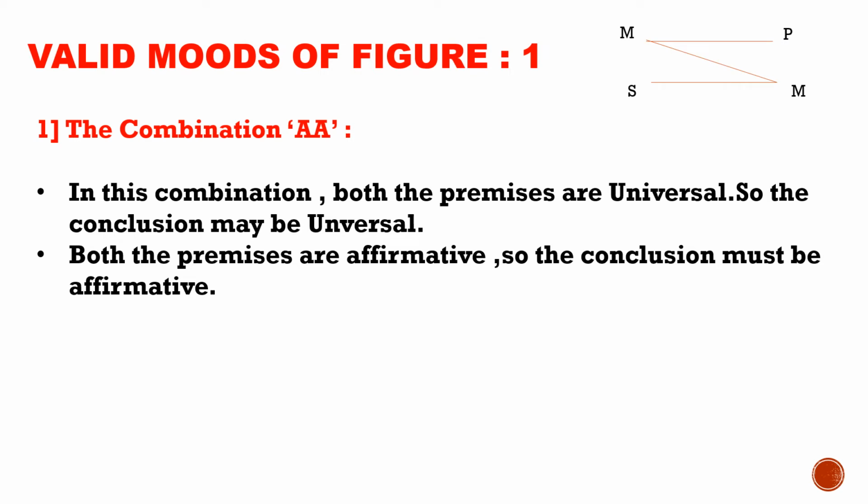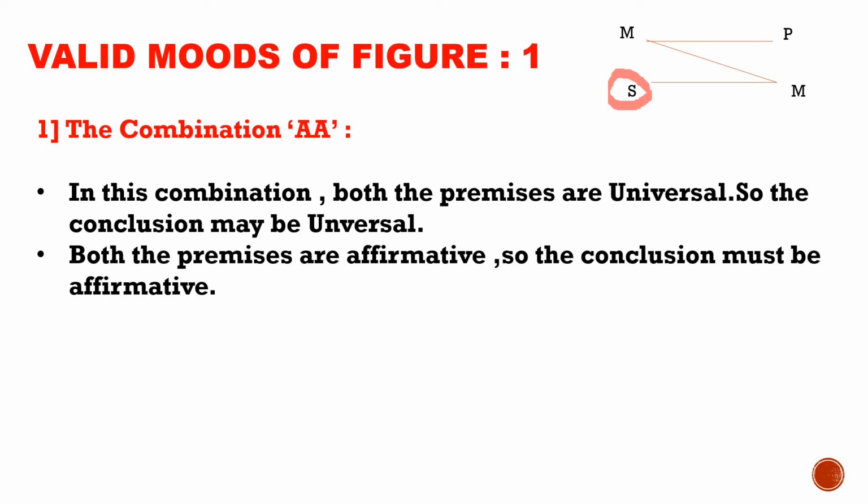Now, in this combination, the minor premise, you can see here, is an A proposition. The second premise is an A proposition. So the subject of an A proposition is always distributed. Hence, the subject of this minor premise will also be distributed.